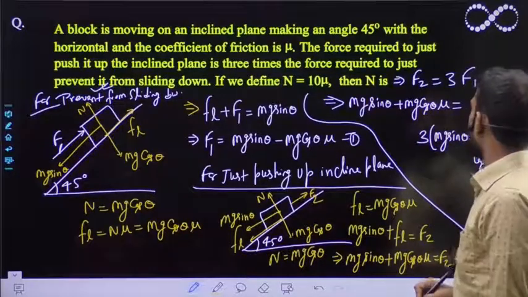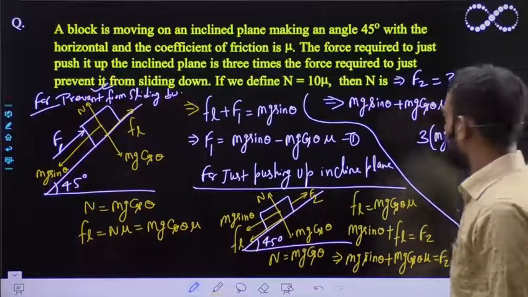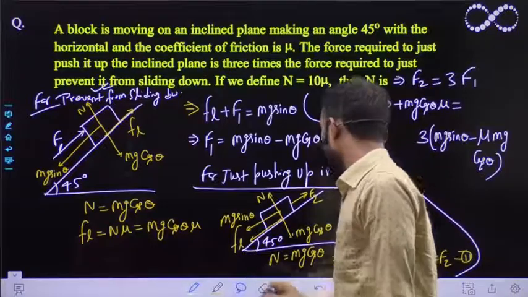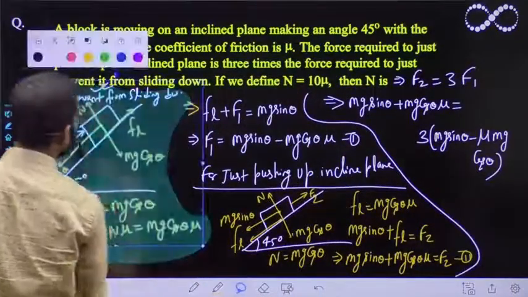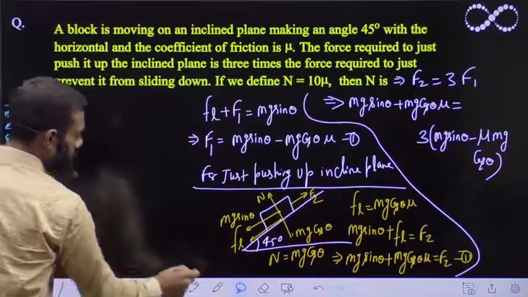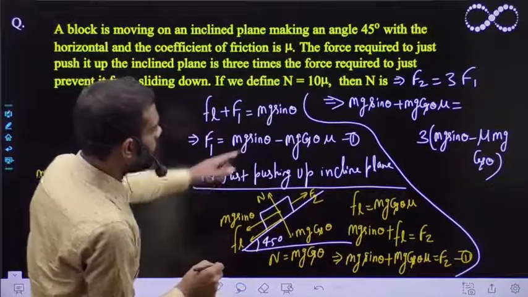So this equation I have to solve. Okay, so let us come back and let us solve it.